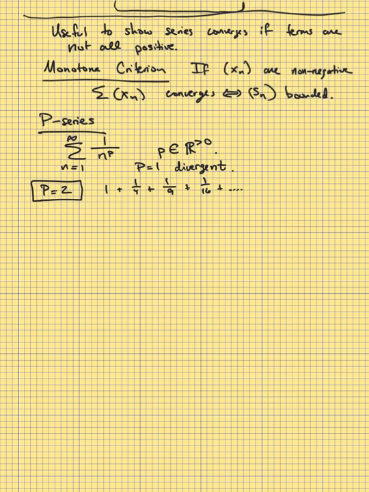This is the usual thing, it's hard to tell what the limit of a sequence is, but let's show that it is a bounded series. So we will show this is convergent by showing the S sub k's are bounded.